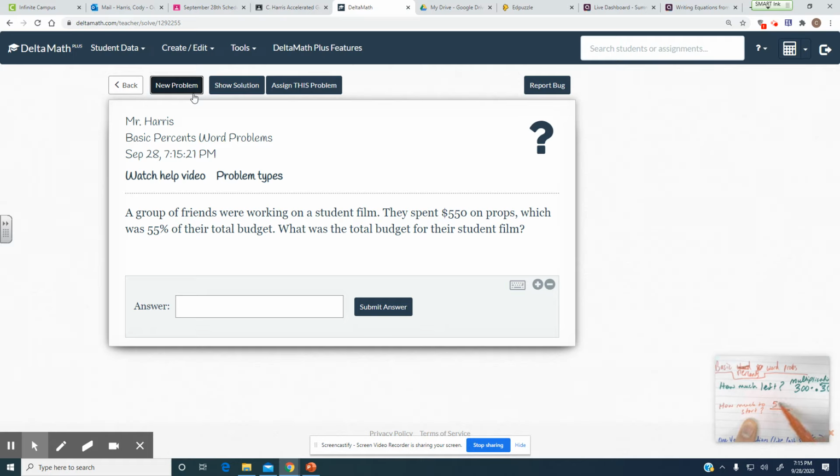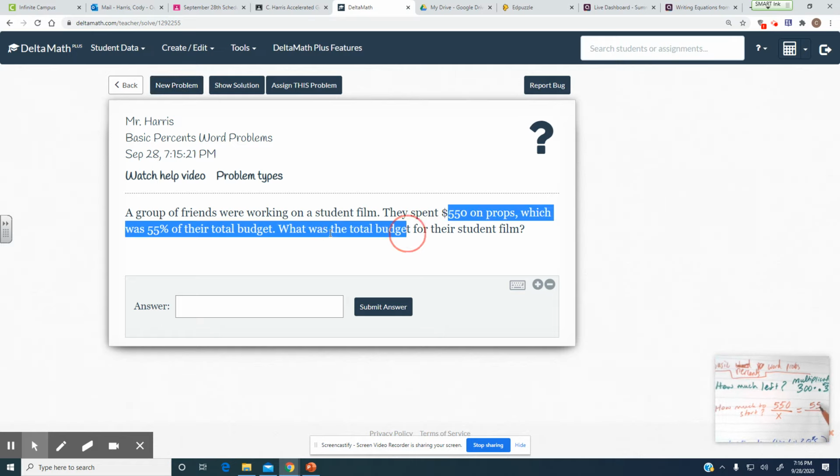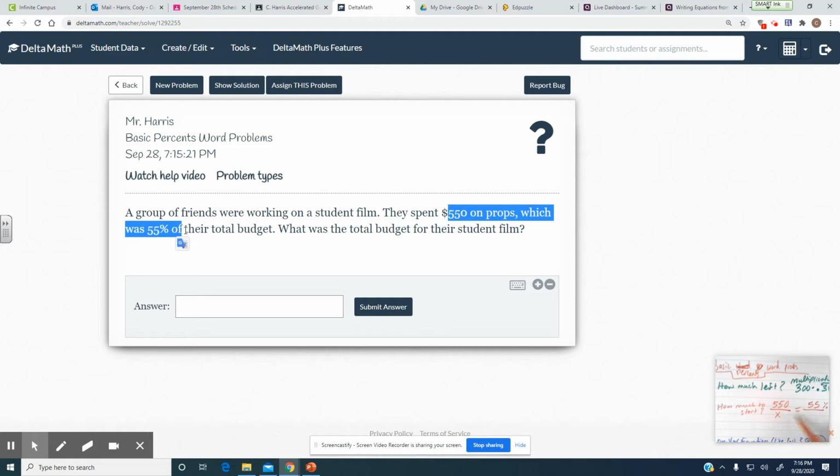So we know they spent $550 out of, we don't know how much the budget actually was. So this is $550 out of the total budget, which we don't know. How about percentage-wise? What's $550 as a percentage? Well, they tell us $550 is 55%. So we can go 55% over, percentage-wise, the total budget.